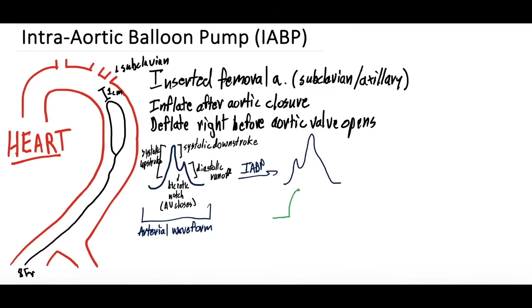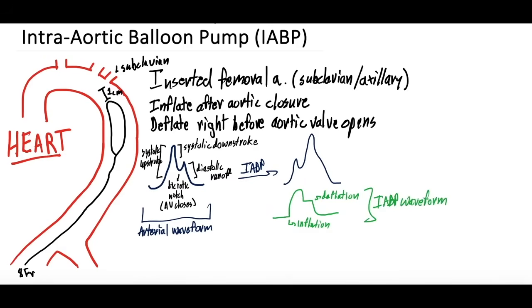You get this up here, then it plateaus down, and then deflates the rest of the way. This point is inflation, which is why you get that increase in pressure, and this point is deflation. This is the intra-aortic balloon pump waveform.